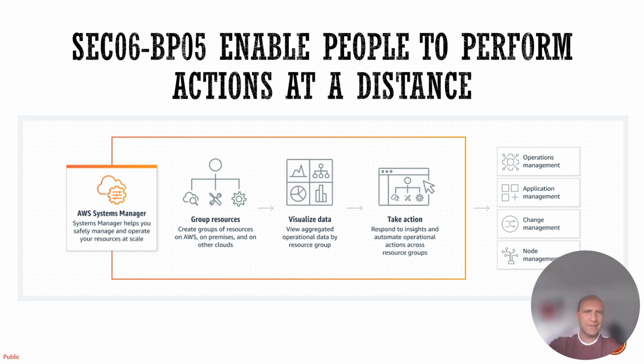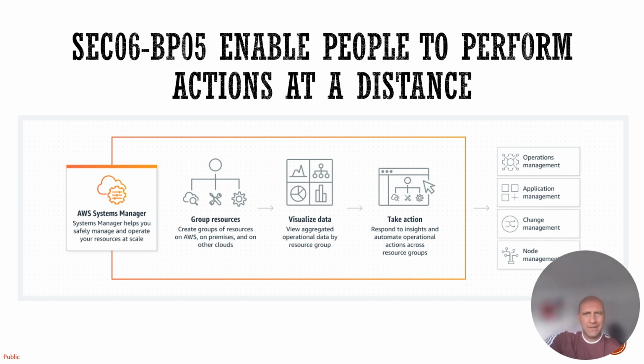Using run command, a capability of AWS Systems Manager, you can remotely and securely manage the configuration of your managed nodes. A managed node is any Amazon Elastic Compute Cloud instance or non-EC2 machine in your hybrid and multi-cloud environment that has been configured for Systems Manager.